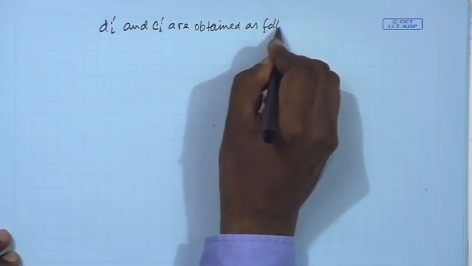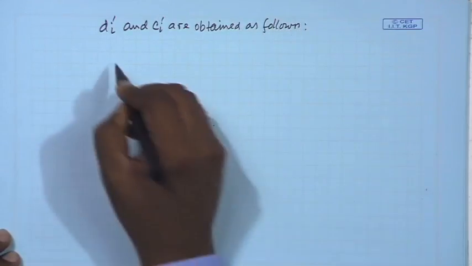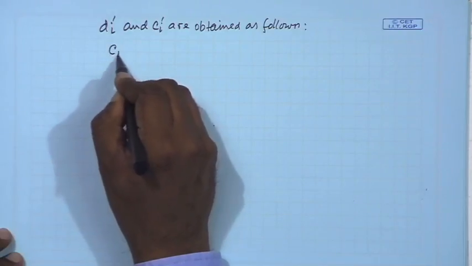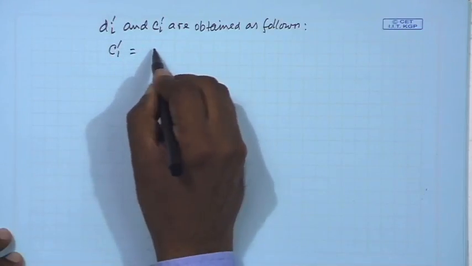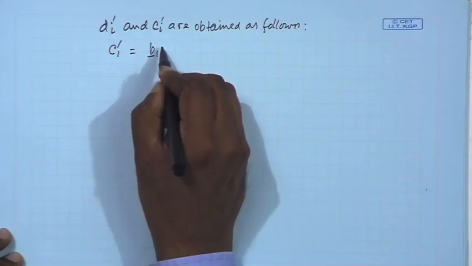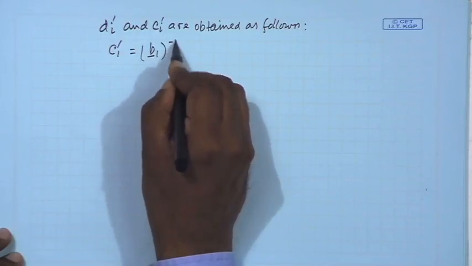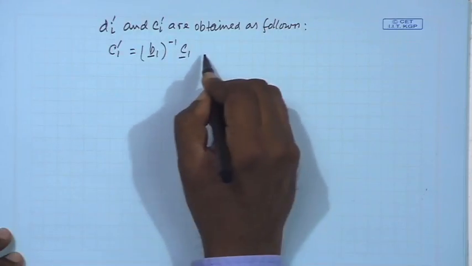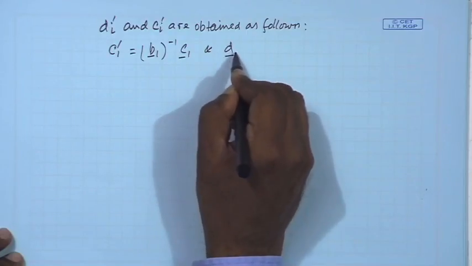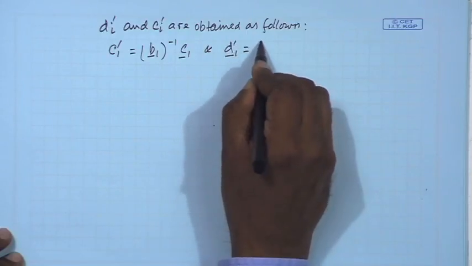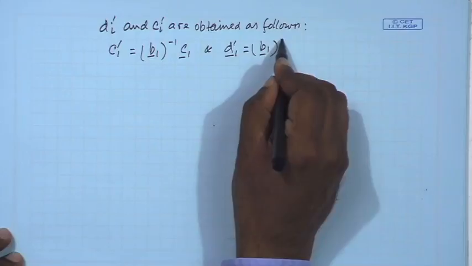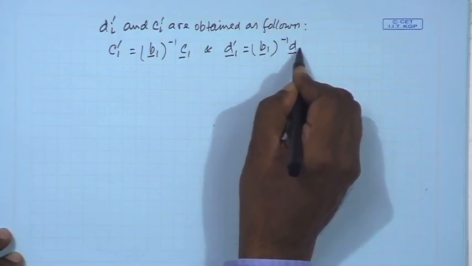First one can obtain C1 dash, which is quite evident, B1 inverse C1, and D1 dash equal to B1 inverse D1.